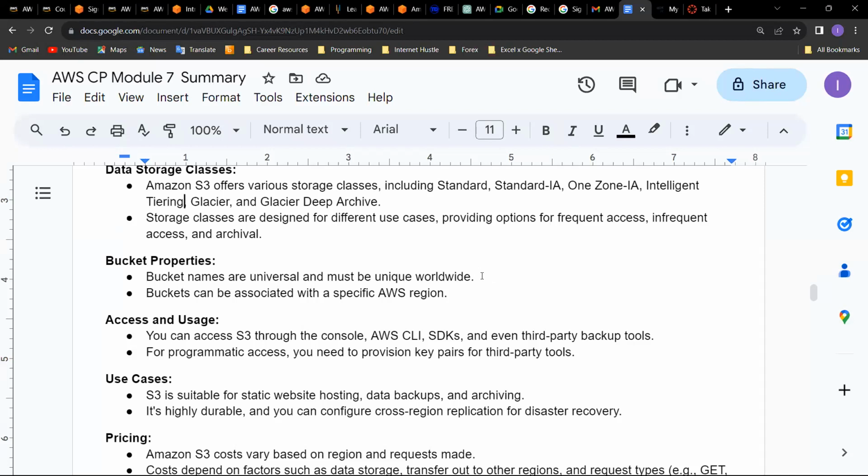Yes. It's just like a domain name. If you own a particular domain, no one can use that same domain. The person has to change it. So it's unique worldwide.